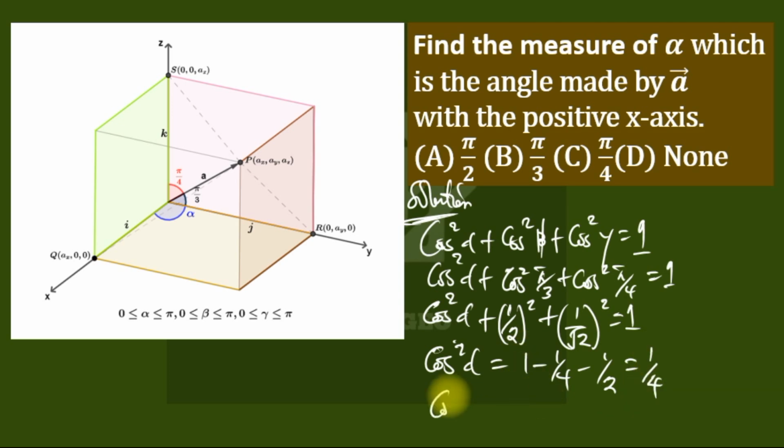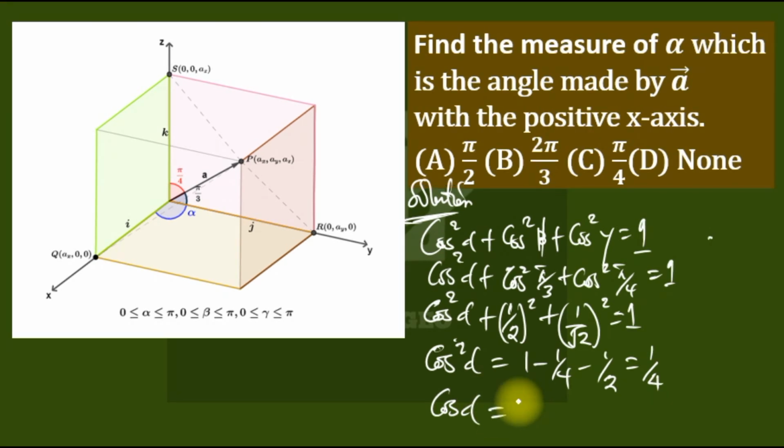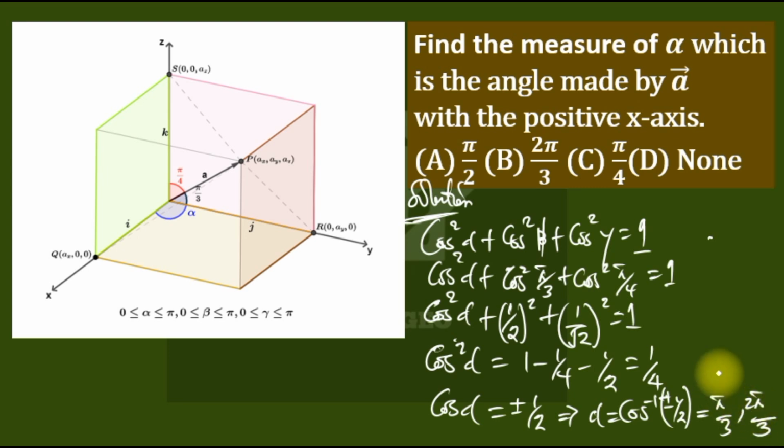Therefore cos alpha is plus or minus half, the square root of 1 over 4, which implies that alpha is cos inverse of plus or minus half, which is pi over 3 or 2 pi over 3.